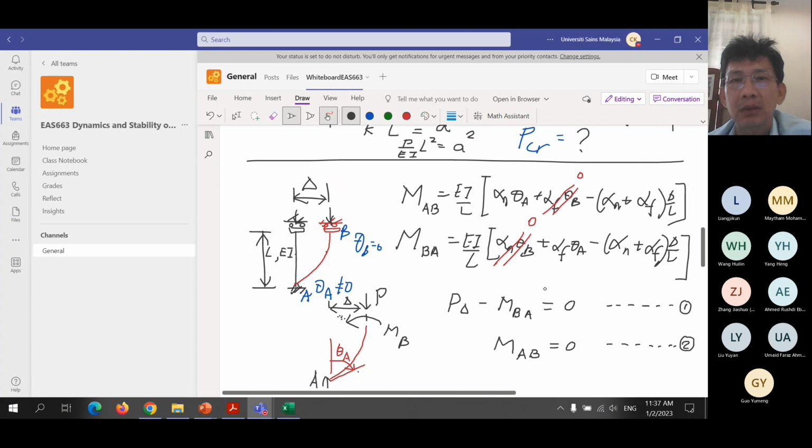The next thing we do is again substitute MBA from here into these equations. Then we substitute MAB from here into these equations.